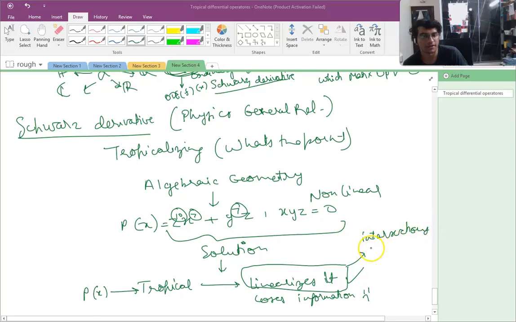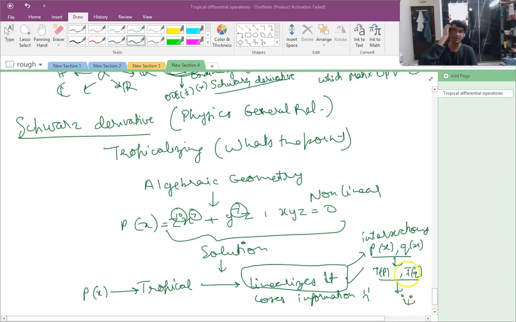Say you had p of x and q of x, and you applied tropicalization to both of them, let's call them t of p and t of q. Then the number of intersections between these two is still preserved. So that is good.